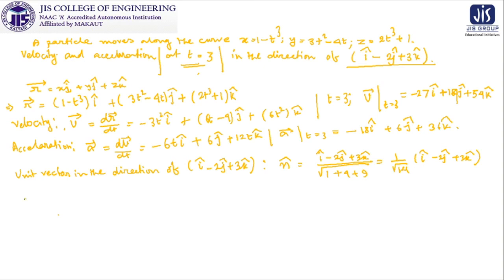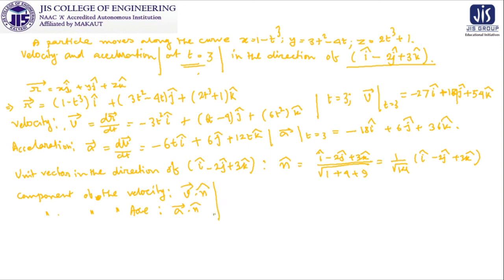Then we only need the components. The component of the velocity in the direction of n is simply v dot n, and similarly the component of the acceleration is a dot n.